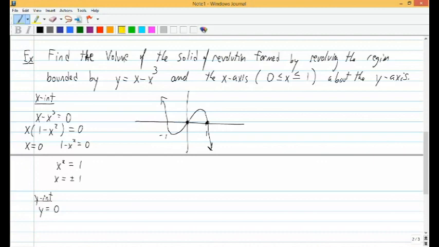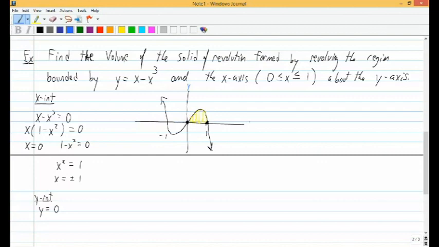Alright? So what we're going to do is take vertical rectangles and revolve them about the y-axis. And here's the y-axis right here. So we're going to be forming cylindrical shells.